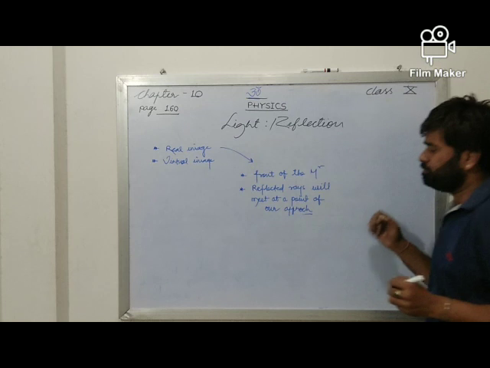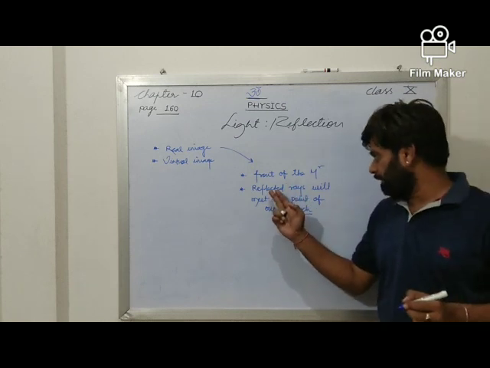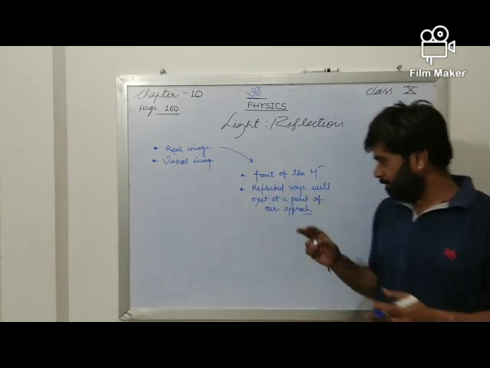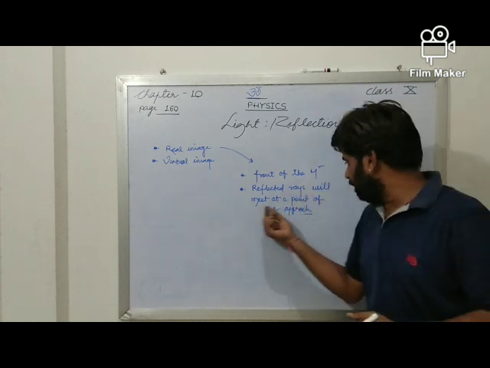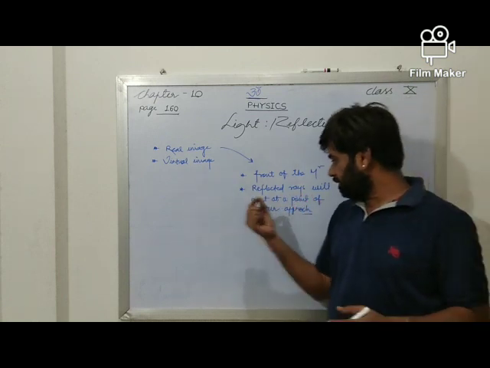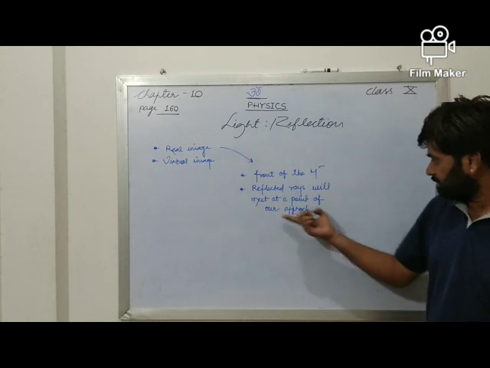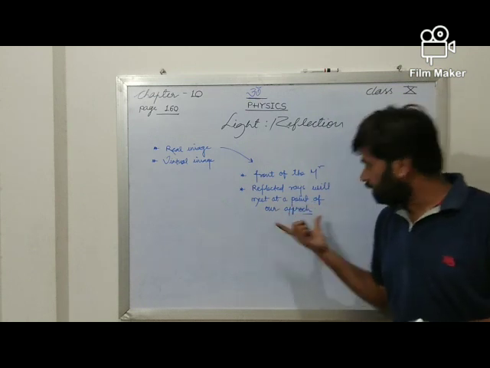Sorry, point of our approach means what? It means that the rays will be reflected back, and we may see or touch that particular point. Yes, that is the point of our approach.